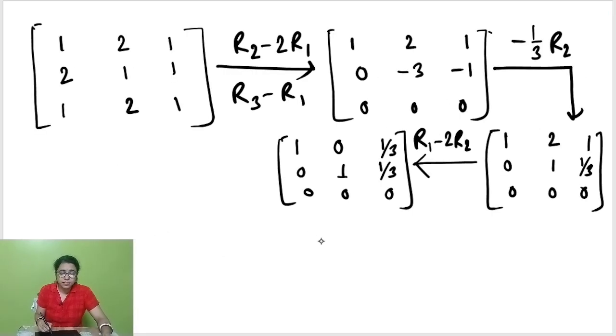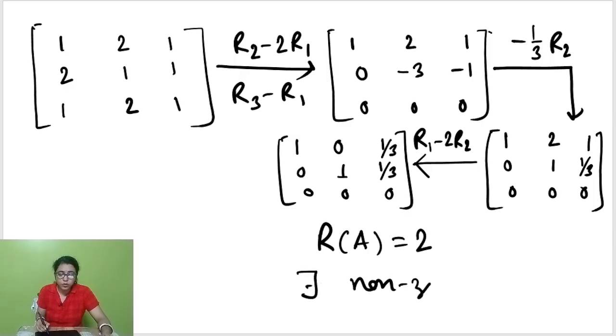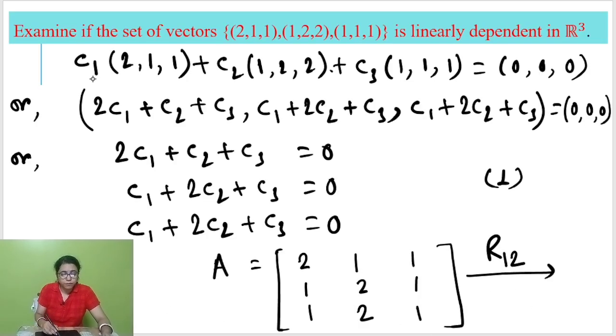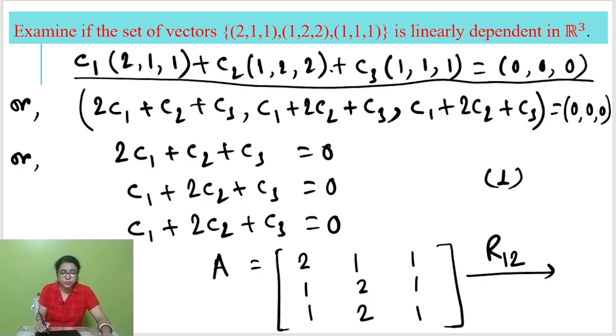I can see that the rank of the coefficient matrix is 2 and therefore there exists a non-zero C1, C2 for which the combination becomes zero vector, and hence the vectors (2, 1, 1), (1, 2, 2) and (1, 1, 1) are linearly dependent.